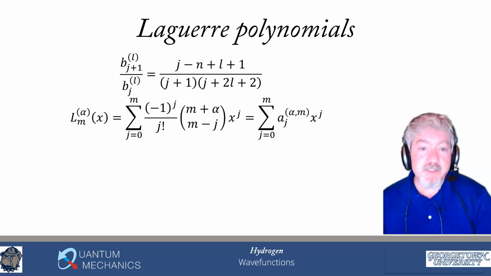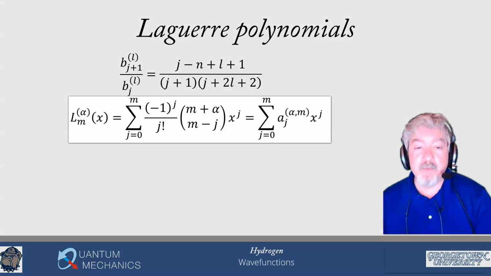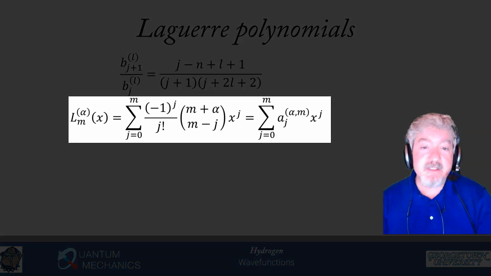So I just want to refresh your memory what these Laguerre polynomials are. If alpha is not an integer, that generalized binomial coefficient, m plus alpha over m minus j, was written down for you in one of the pages during the class exercises when we were talking about Laguerre polynomials. We did it, I think, two lectures ago when we were doing the isotropic simple harmonic oscillator.